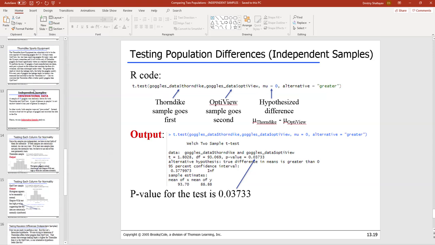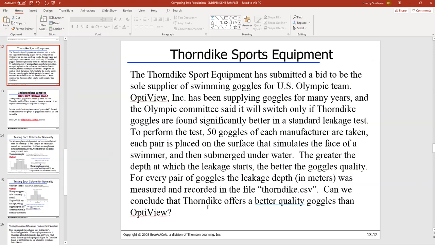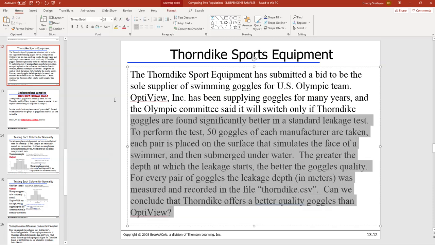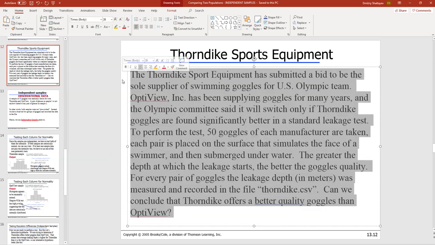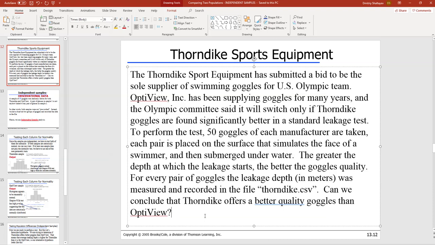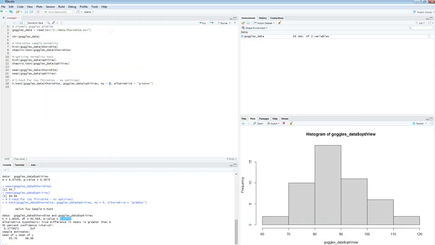Okay, so now we have to decide which hypothesis stands. What significance level do we use? Is there anything in the problem that says use 10% or 1%? Nothing. It just says, are the Thorndike goggles better in quality than OptiView? Well, let's use the standard significance level.